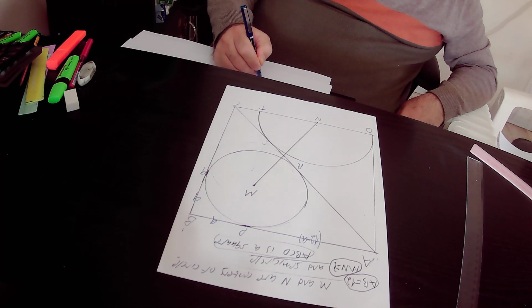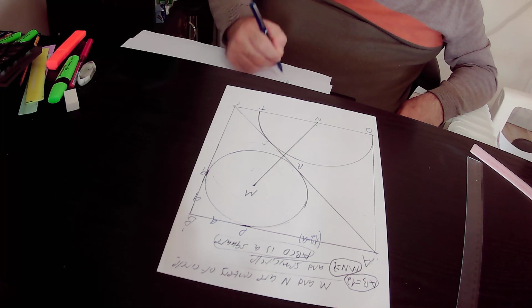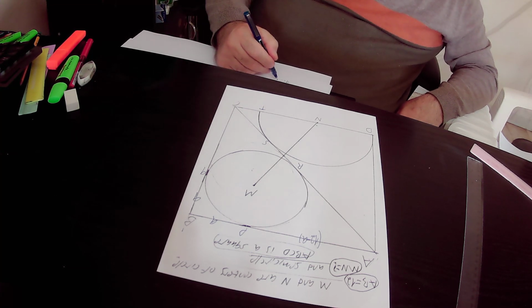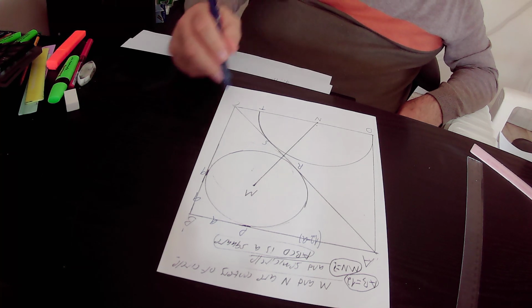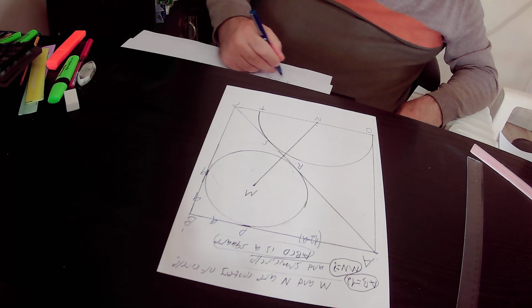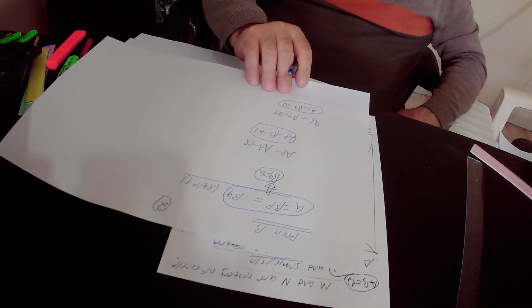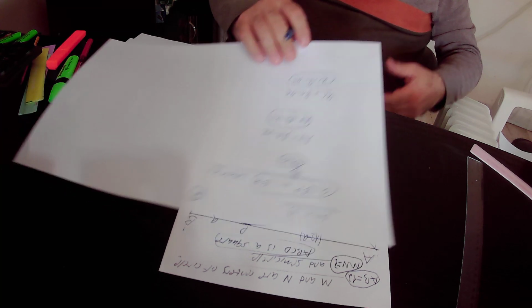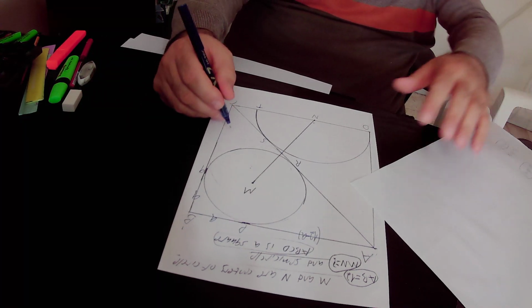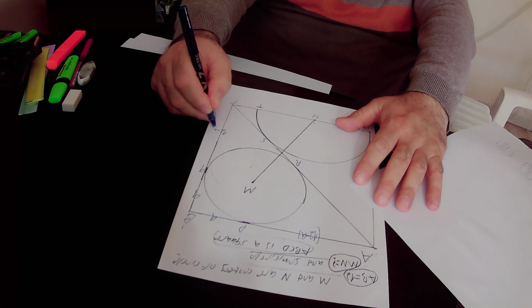That is to say, QC equals BC, that is 12 units, minus BQ, that equals A. So in conclusion, we found out that QC equals 12 minus A.